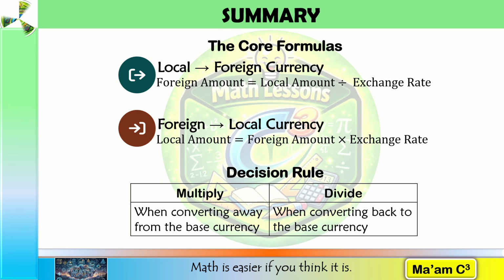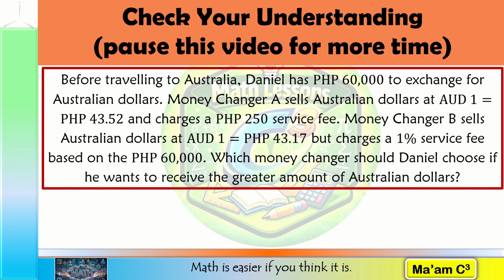The mathematics doesn't stop at simply multiplying or dividing. The key is to understand the situation and determine what the problem is really asking you to find. Now it is time to check your understanding. Pause this video if you need more time.